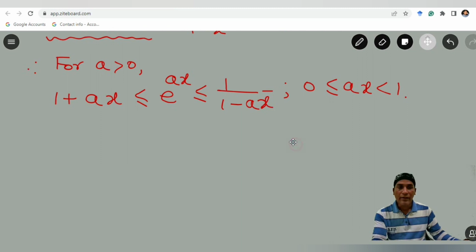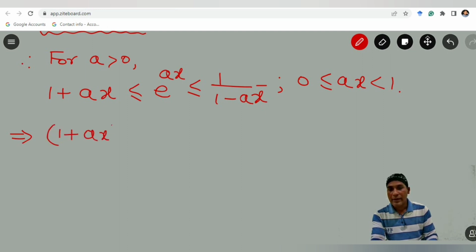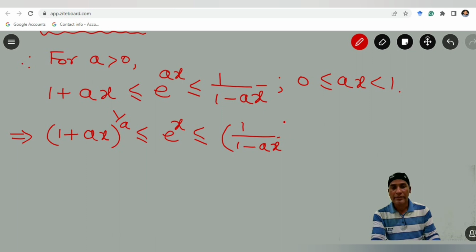Okay, so this implies 1 plus ax to the power 1 over a less than or equal to e power x less than or equal to 1 over 1 minus ax to the power 1 over a, where 0 less than or equal to x less than 1 over a.